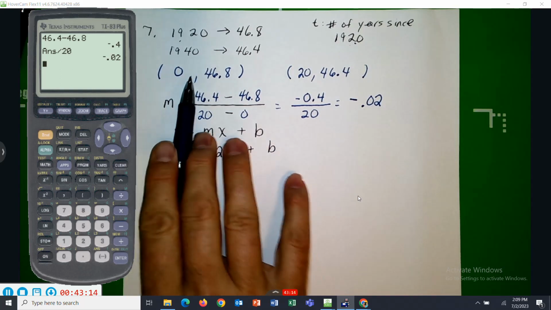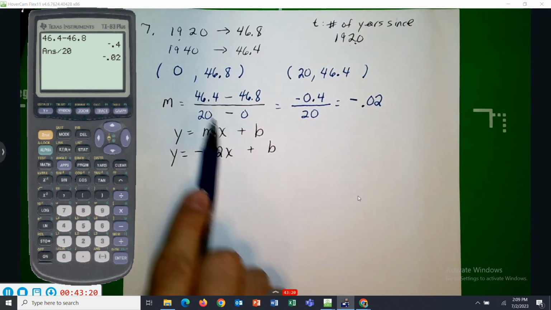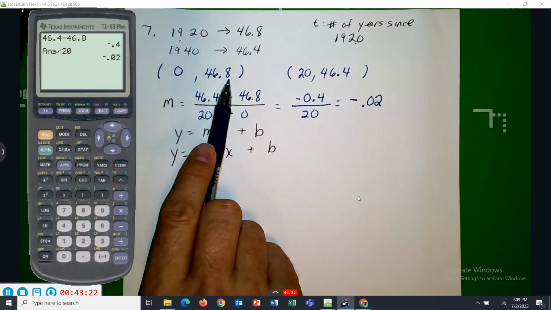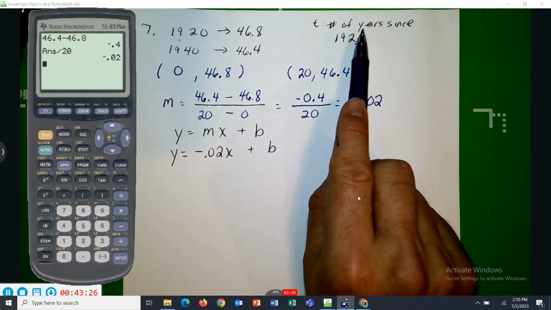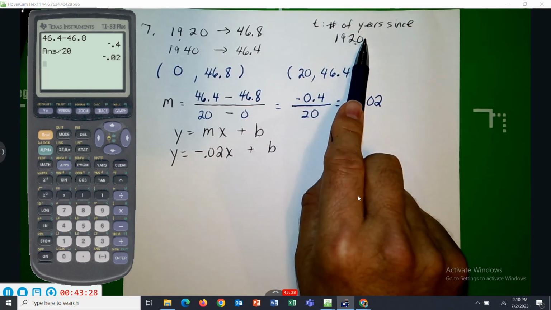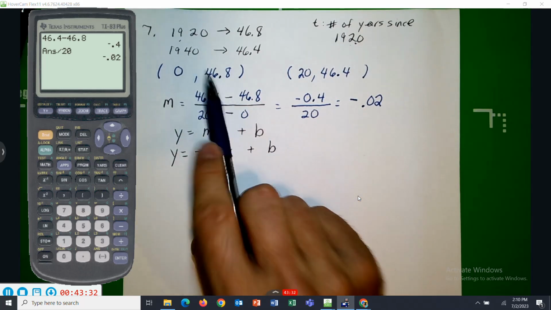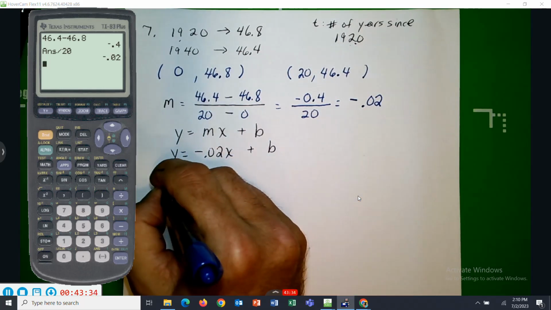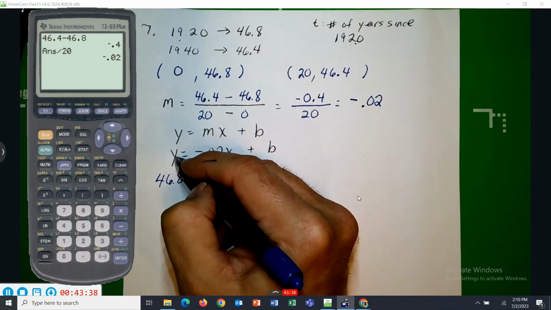Now, let's look at these ordered pairs. Plug one of those in to find b, and you begin to see why it works out so nicely saying number of years since 1990. Because I'm plugging a 0 in for x and 46.8 in for y.